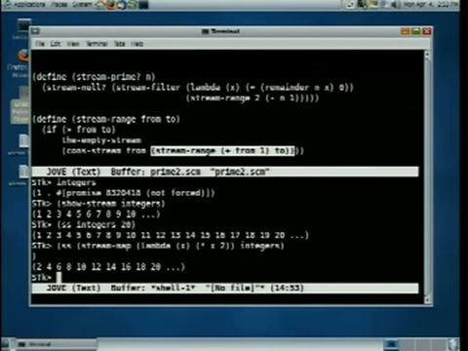Okay, we're going to do something even more amazing. It's called the sieve of Eratosthenes, and works like this. You write down all the integers starting from 2. This is going to take me a few minutes.